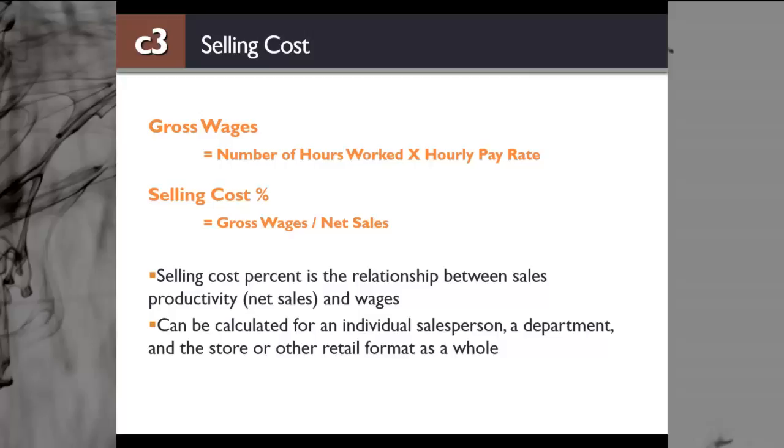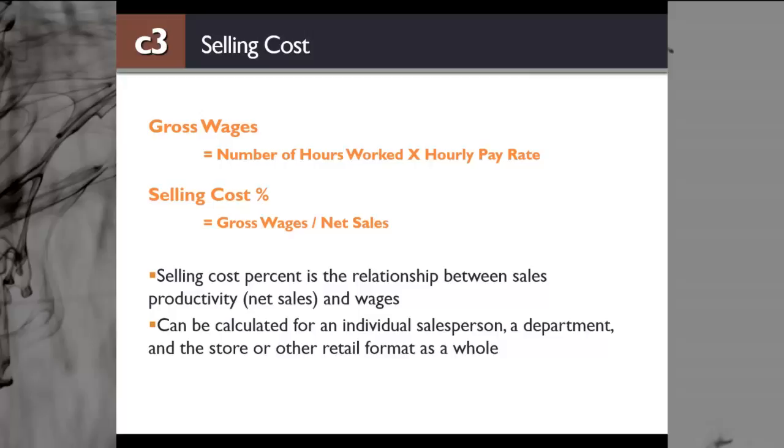Gross wages can be calculated based on the number of hours worked and the hourly pay rate. If you work for the company, that's going to be your wages, right? So how many hours you work multiplied by the hourly pay rate. And selling cost percentage is gross wages divided by net sales. That's what I mean by productivity based on the selling cost. So you can state the percentage of your selling cost.